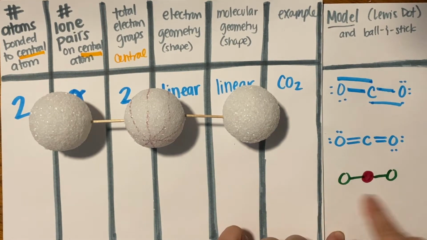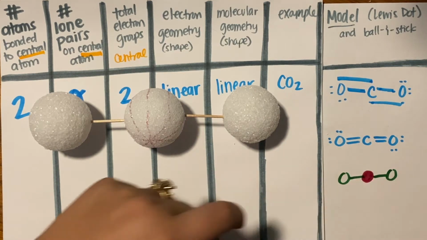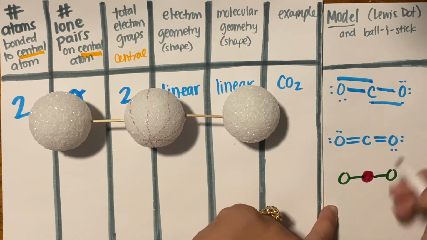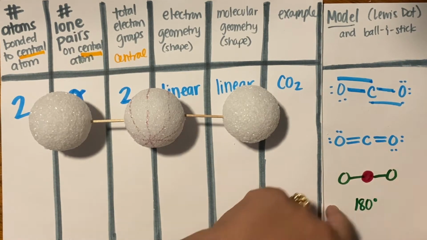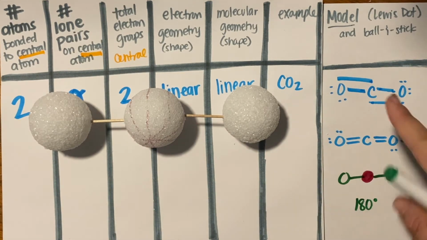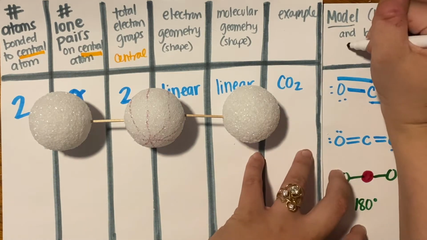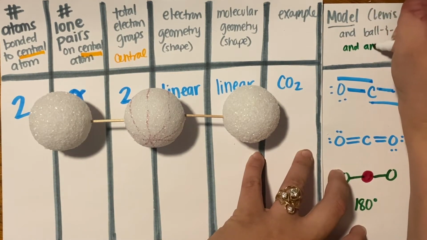That shows me a linearly bonded molecule, okay? Shoot, and I didn't include angle, which I should. All right, so the angle from one atom to another here is going to be 180 degrees. All right, we'll just write angle in here as well. So model and angle.